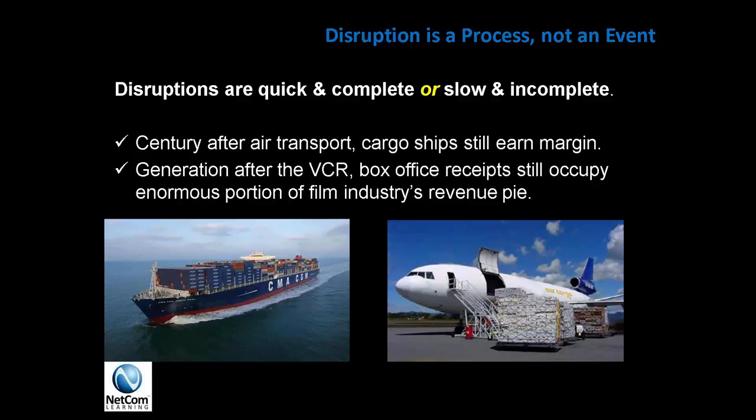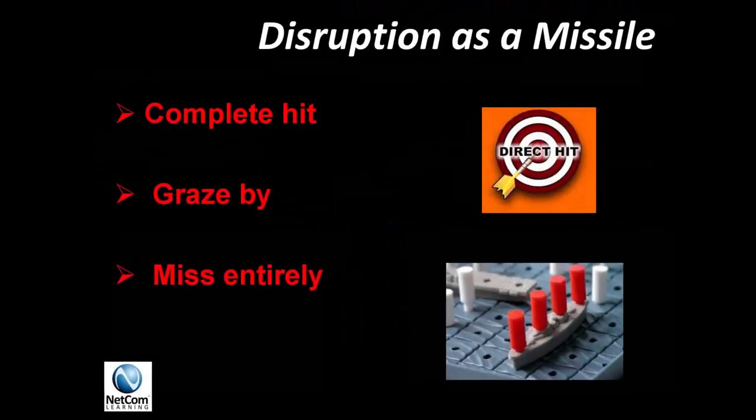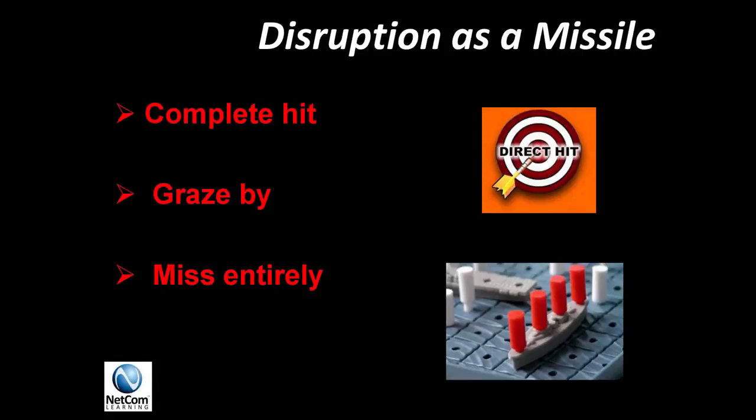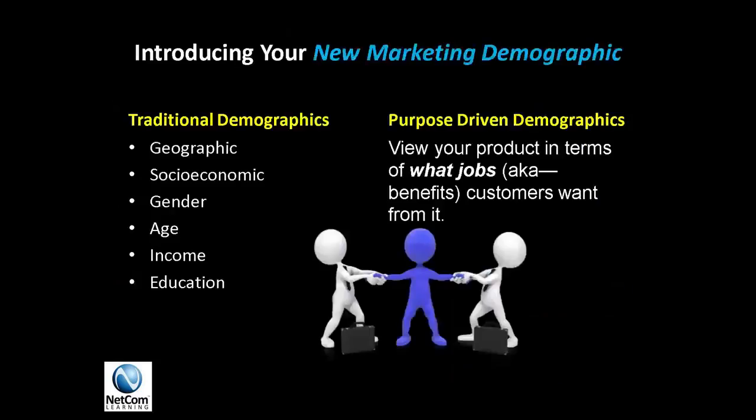And when the VCR came out, movie owners anticipated the end of people going to the movies. And we see that these two disruptions were essentially incomplete. So I want you to think of disruption as a missile. It could completely miss you, it could graze by you, or it could be a direct hit and destroy your company completely.